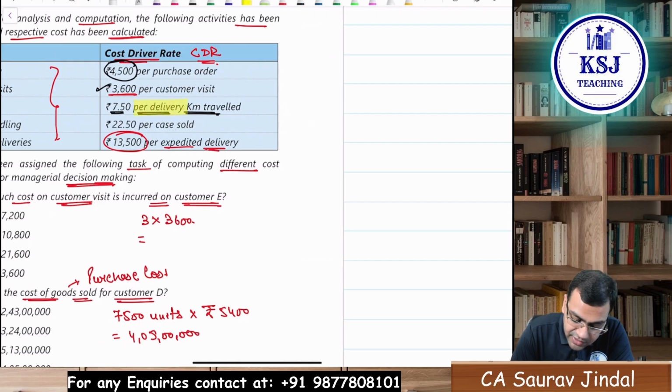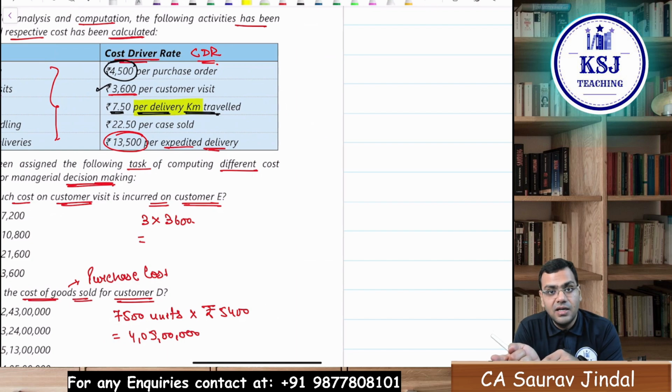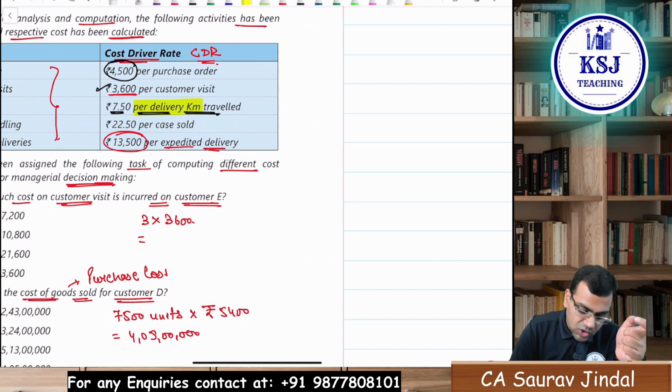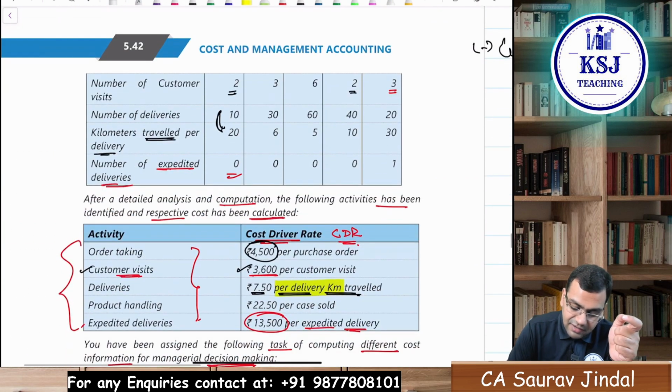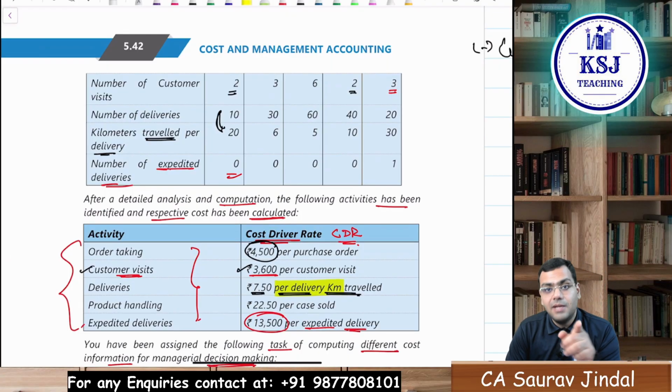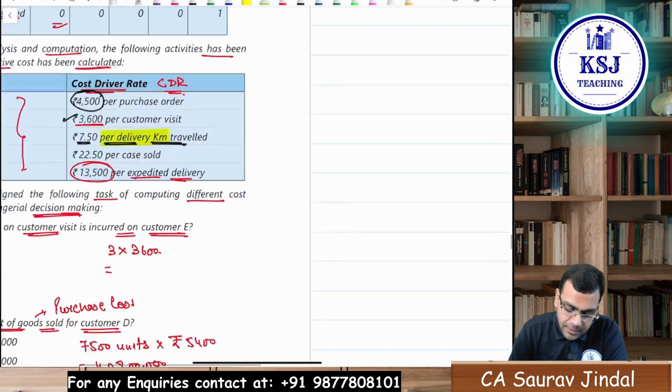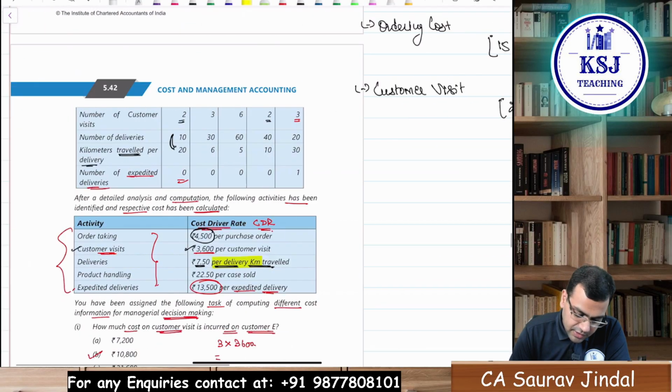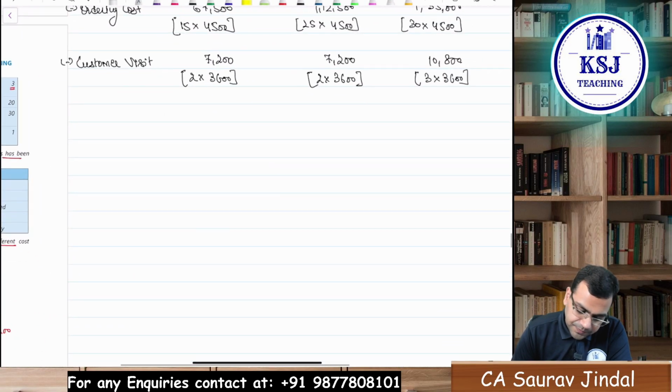Read this together. For every one delivery, what is the number of kilometers traveled on that 7.5? So if they are doing for customer A 10 deliveries, so 10 multiplied by 20 kilometers per delivery multiplied by 7.5, right? Okay. This is your deliveries cost.